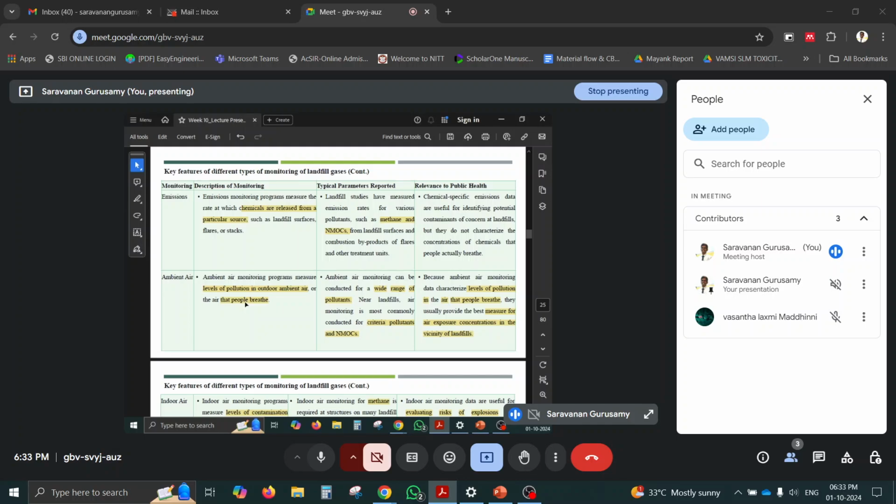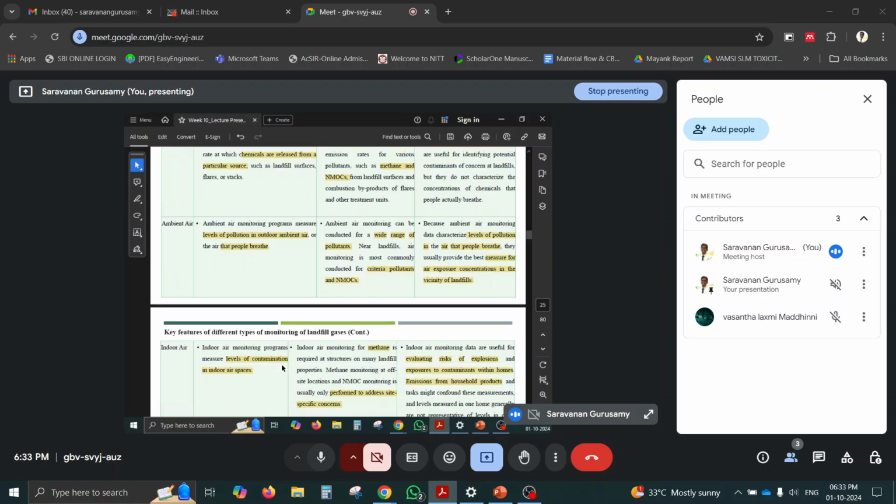These are the 6 criteria pollutants of ambient air. Okay. Then the major problem is this is the ambient air that people are breathing, so it has major health related impacts, measured for air exposure concentration in the vicinity of the landfills.